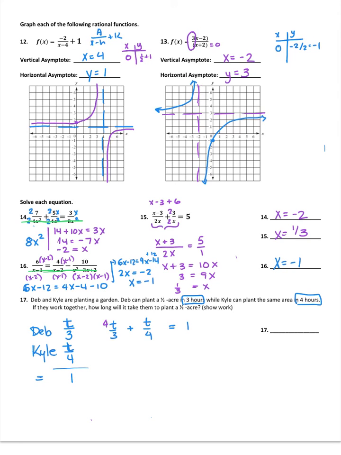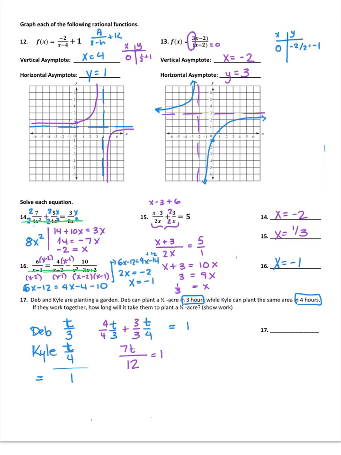So common denominator would be 12. That's going to be 3 over 3. So now we have our common denominator of 12. 4t plus 3t is 7t.